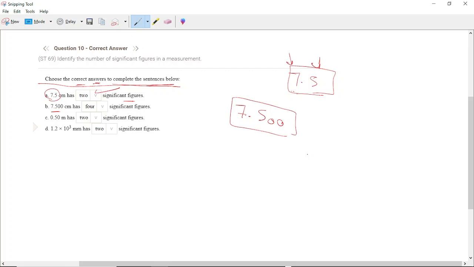How many significant digits here? These are trailing zeros, so they are supposed to be non-significant, but we have a decimal point, so in this case these zeros will be significant numbers. So I have 1, 2, 3, 4 significant numbers.